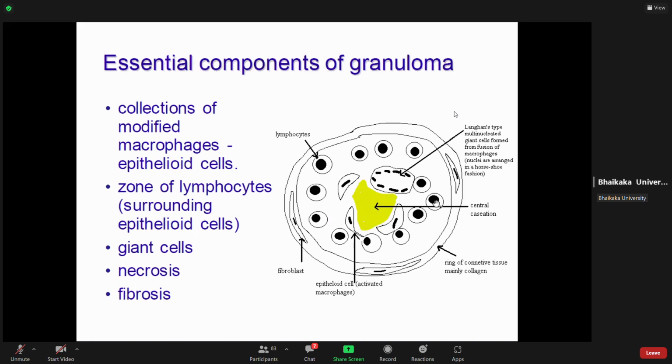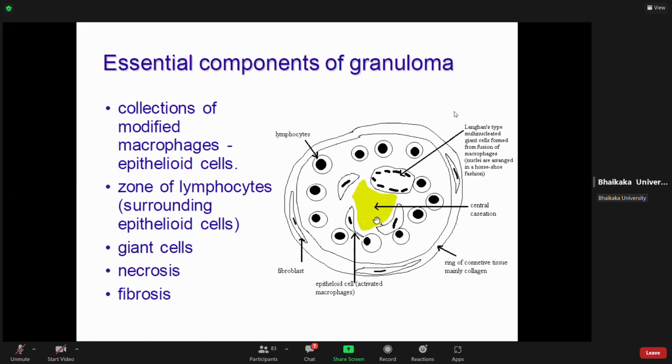The next are the giant cells. In this diagram, you can see just one giant cell, and that is Langerhans type of giant cell, which is again common in tuberculosis. Then necrosis, and last is fibrosis.